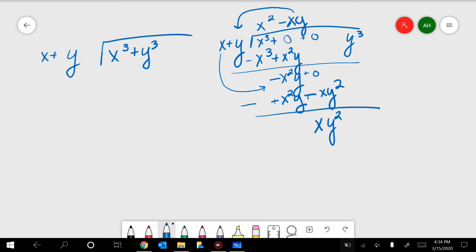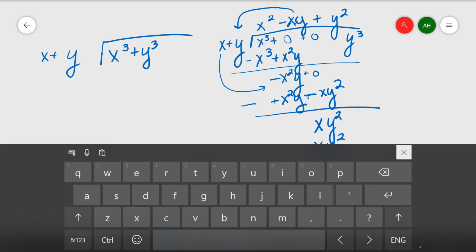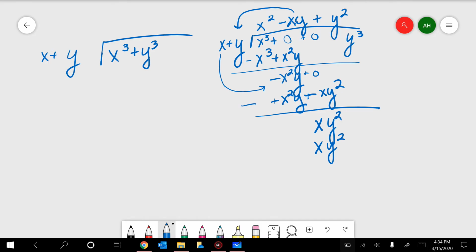What do I multiply x by to get xy squared? I just need to multiply this by y squared. When I multiply that, I get xy squared. And now when I multiply y squared by y, my hand's hitting everything here, I'm now going to get plus y cubed.